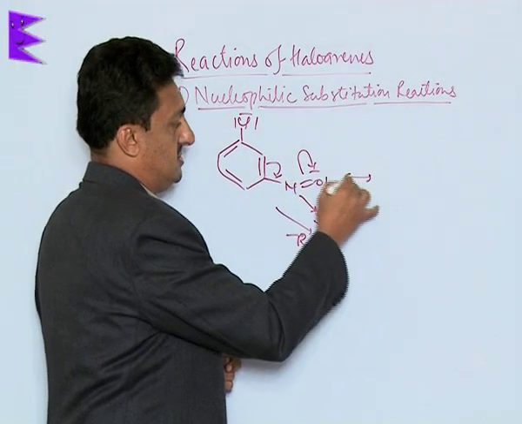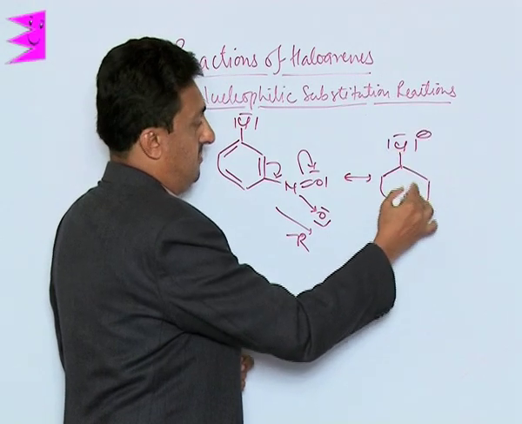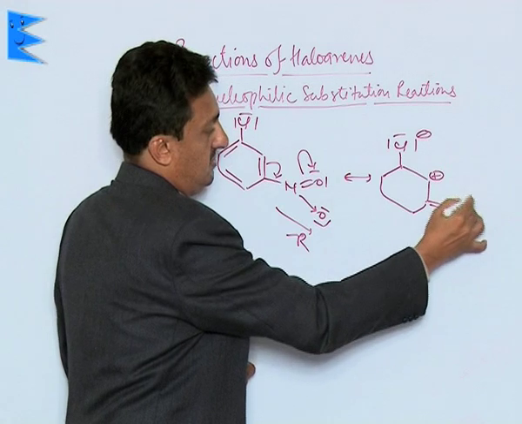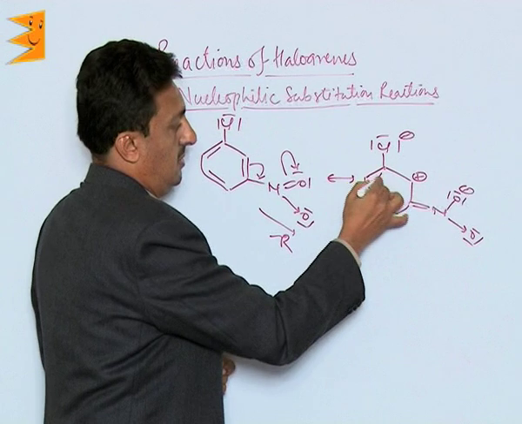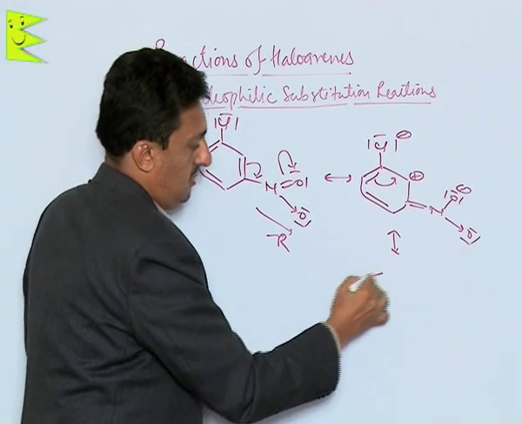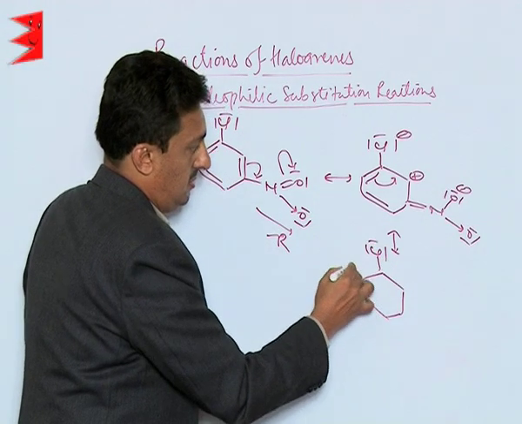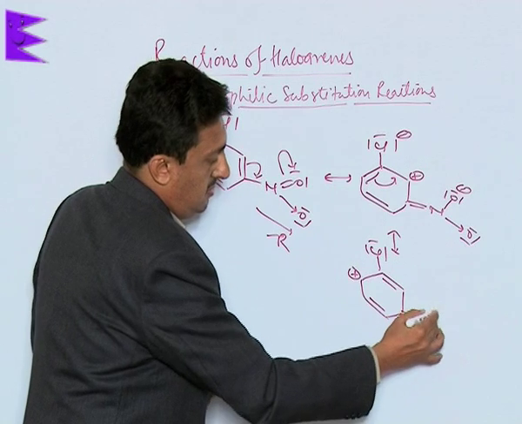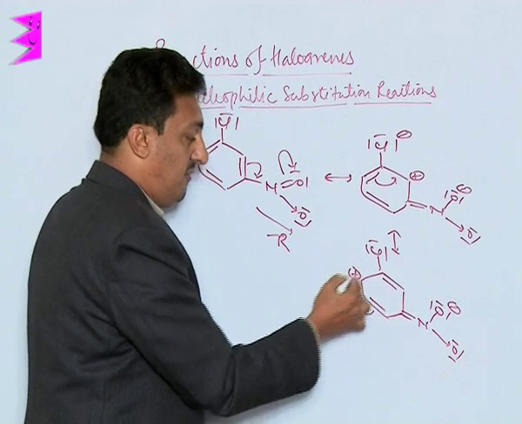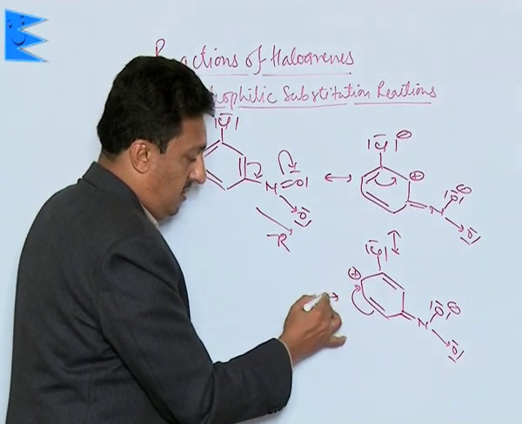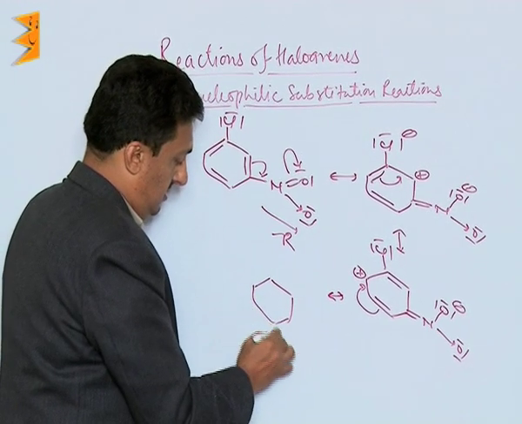Due to this, this benzene ring acquires a positive charge. Let me draw those resonating structures for you. This will move here. This will move here. So you have seen it from here, it will come on the left hand side here. It will be here.